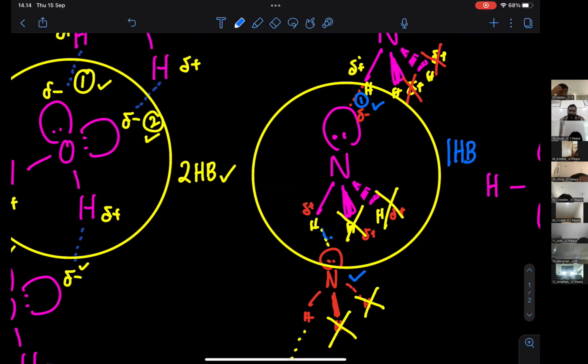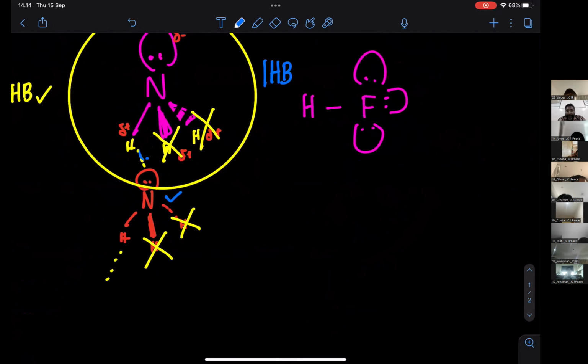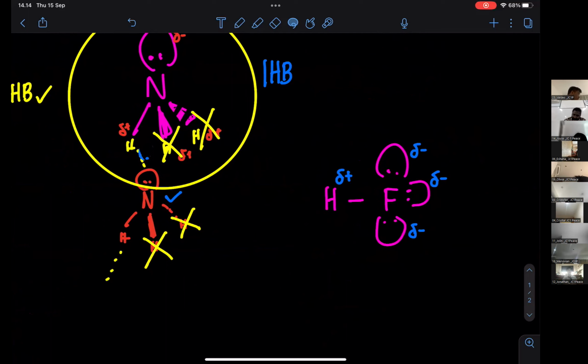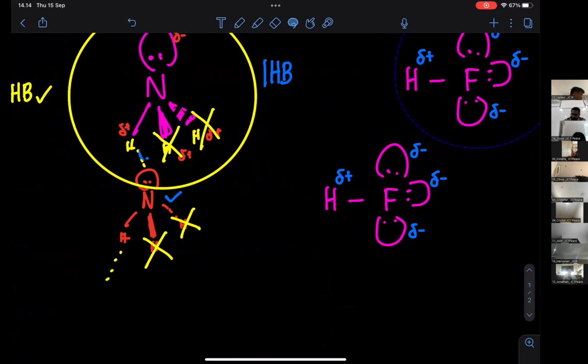Now I will show you for HF. So you see here, this is delta plus, delta minus, delta minus, delta minus. If I copy this and bring it over here, then copy this again and put it over here.